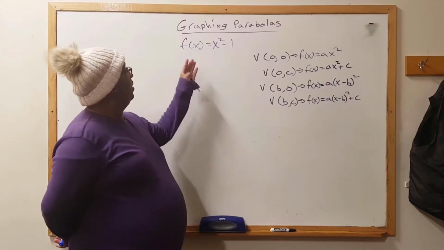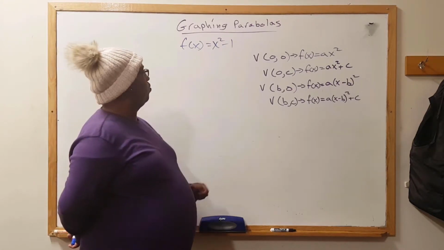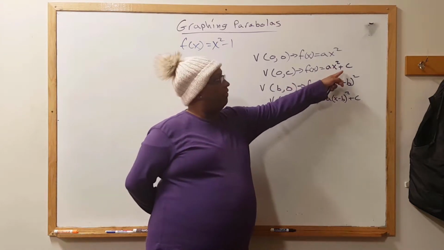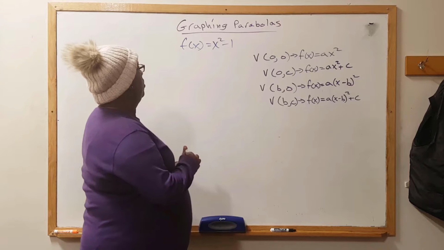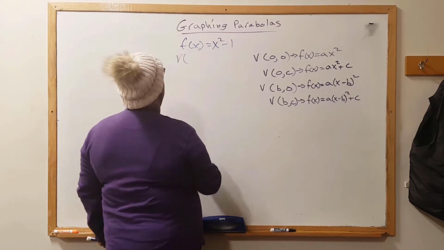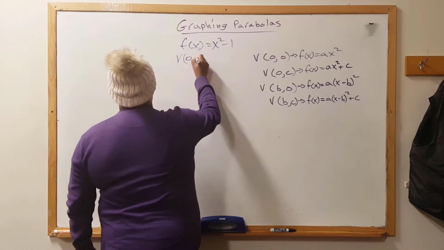I'm back with another example. Here we are with f of x equals x squared minus 1. That looks like this form, where we have just a constant at the end. So we know right now that the vertex is going to be 0, -1.